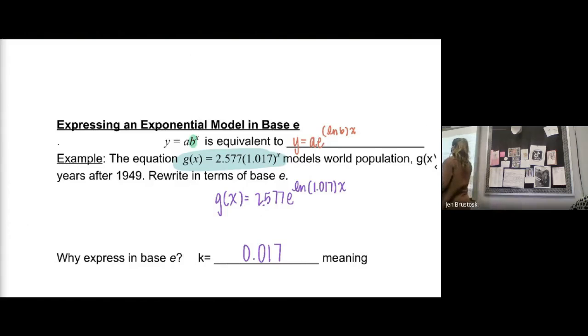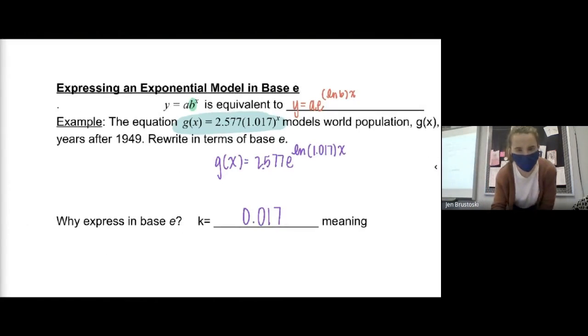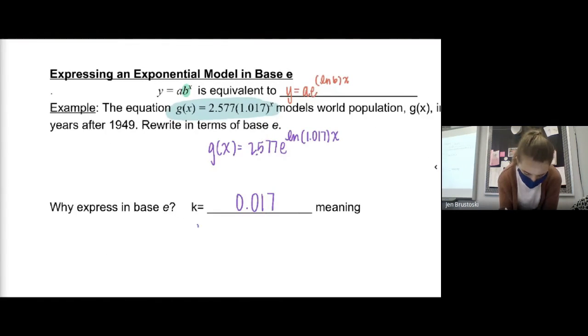What this 1.017 means is it's growing by 1.7%. So go ahead and write out that this has a growth rate of 1.7%.